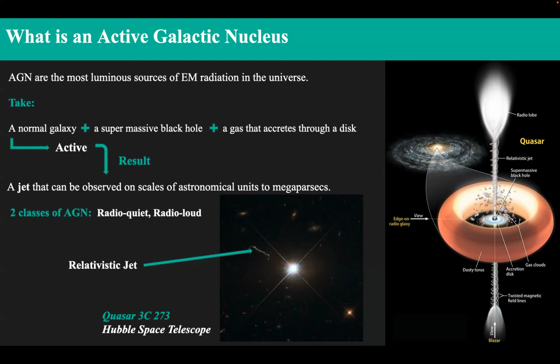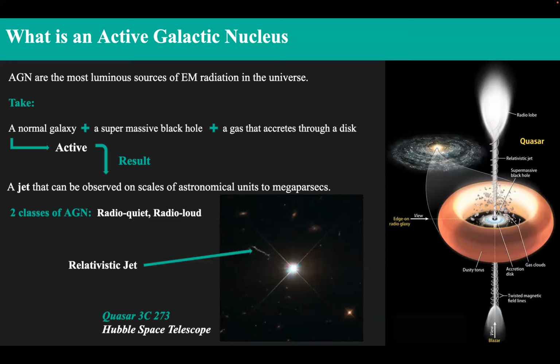Now, 10% of the galaxies that we observe in the universe have active galactic nuclei in their center. Some of them can form jets that we can observe on scales of astronomical units to megaparsecs.